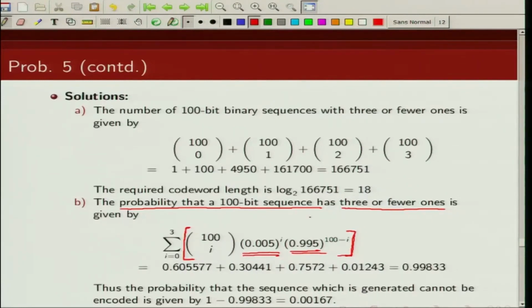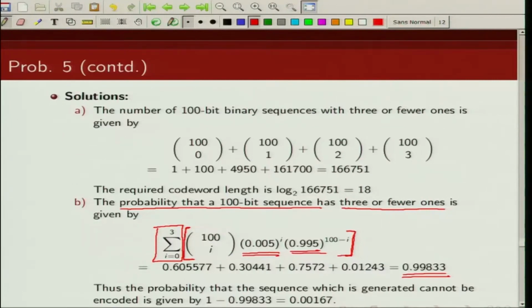Since we are interested in finding the probability that there are 3 or fewer ones, we sum it over all i's going from 0 to 3, and this probability comes out to be 0.99833.